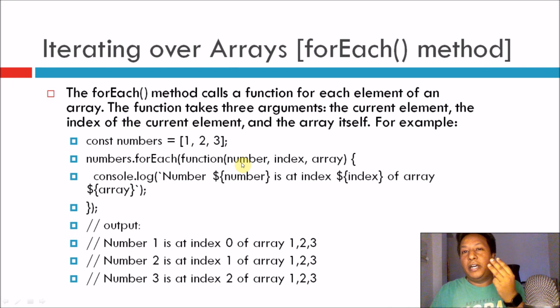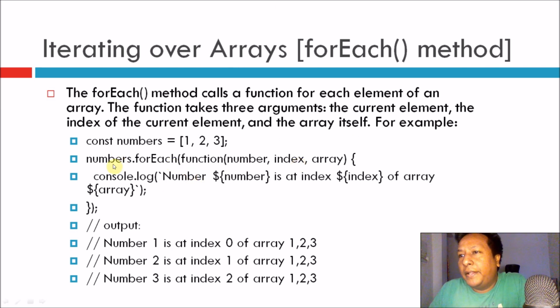We pass a function and that function will be executed for all the elements of the array. Now this function has three parameters. First one is number, the array element. Second one is the index of the element, and third one is the array itself.